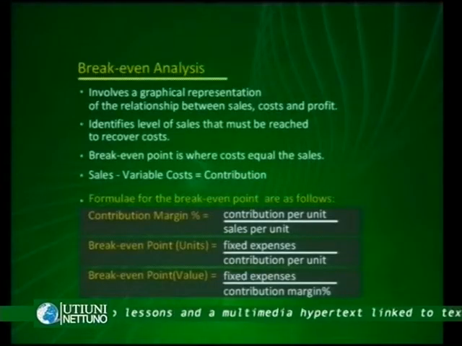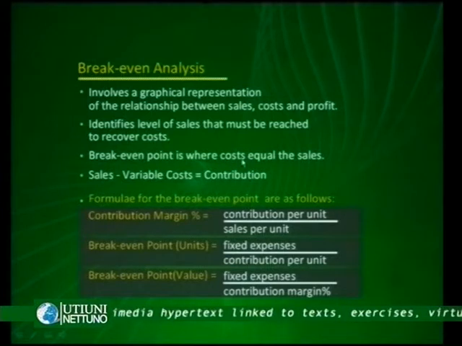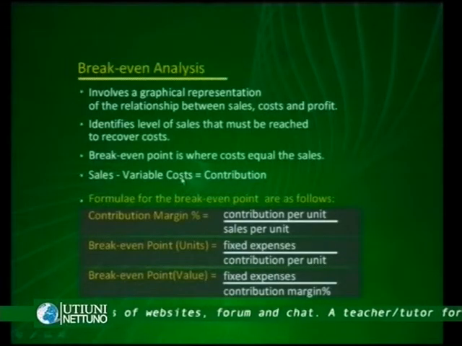The third point then, the break-even point is where costs are equal to the sales. So that's self-explanatory. You just have to identify at what number of sales you have to make, in either value or in volume. Sales minus variable cost is next, and that equals contribution.